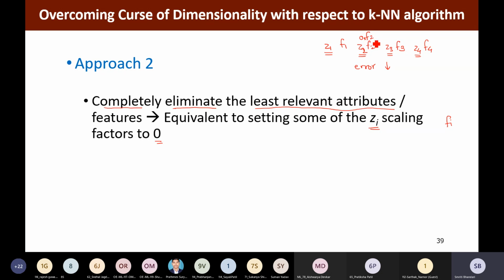So I'll not be considering this feature at all. So obviously, if I'm not considering this feature, that means I'm reducing the dimensionality. Right? So whichever are the features that are most relevant for me, I'll be keeping only those features, and I'm going to completely eliminate least relevant attributes or features by putting the weight as 0 for that feature. Got it?